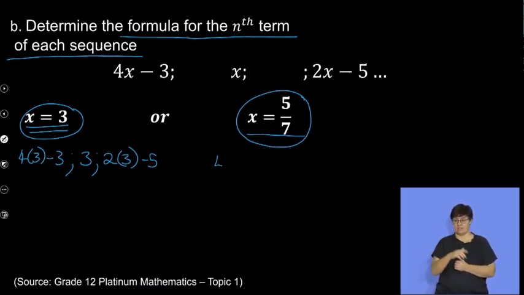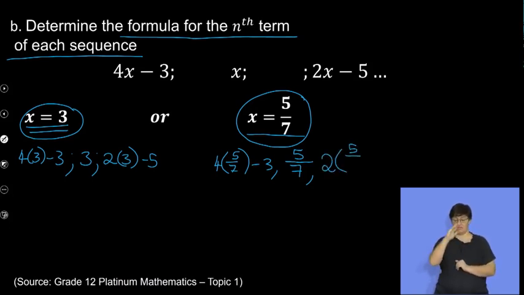I'm going to have 4 times 5 over 7 minus 3. For term 2, I know that it will have a value of 5 over 7. Then for term 3, I'm going to have 2 times 5 over 7 minus 5.